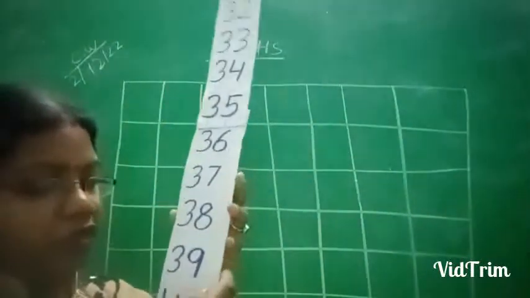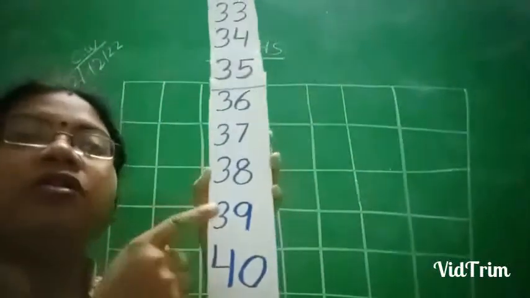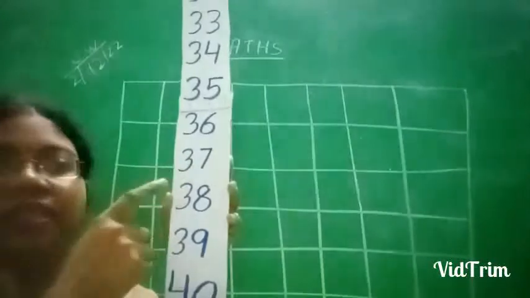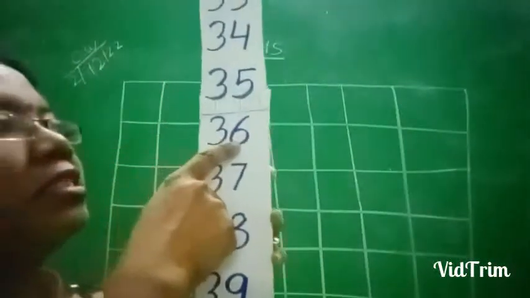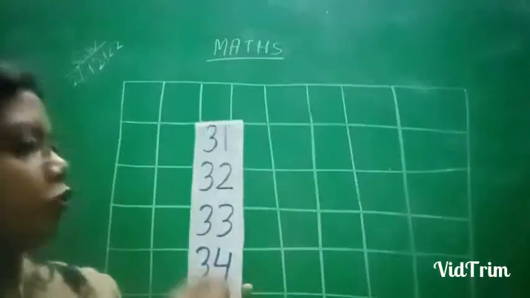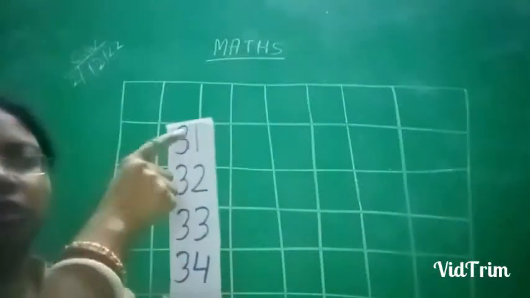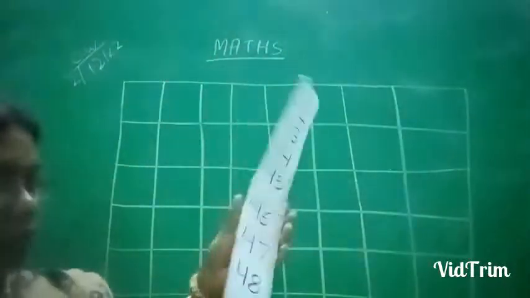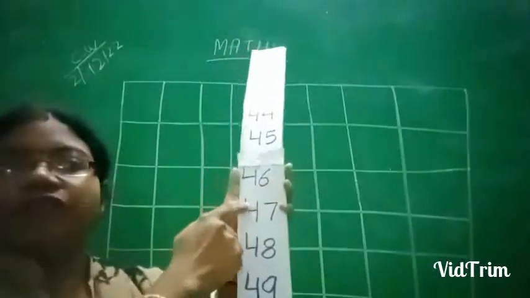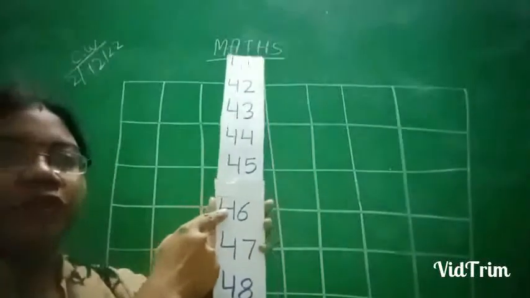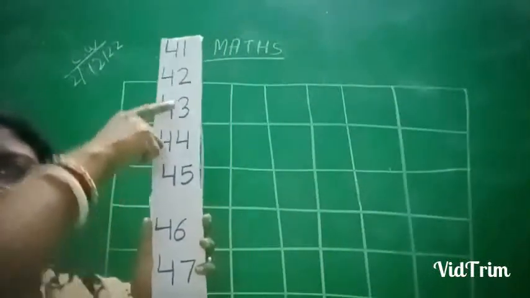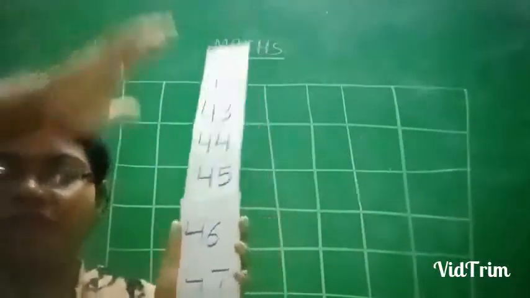After 41 is going to be 40, 39, 38, 37, 36, 35. Okay children, 33, 32, 31. Again 50, 49, 48, 47, 46, 45, 44, 43, 42, then 41.